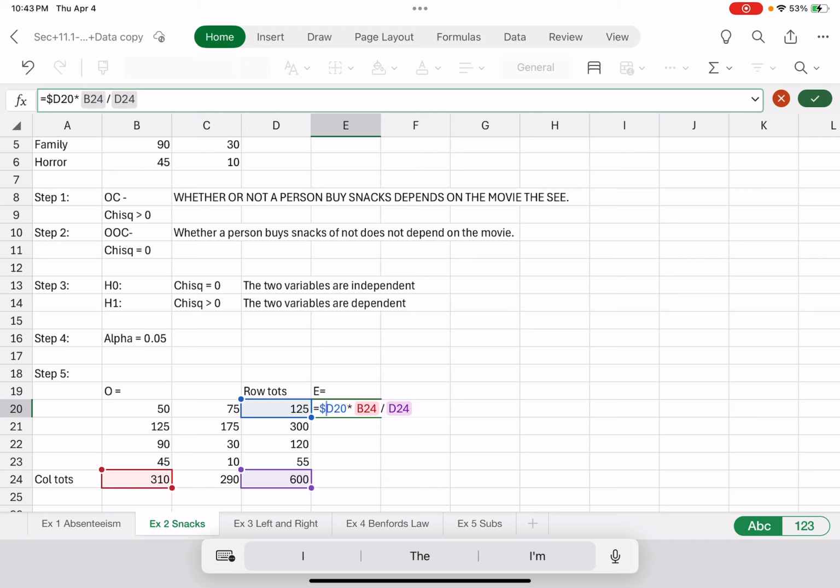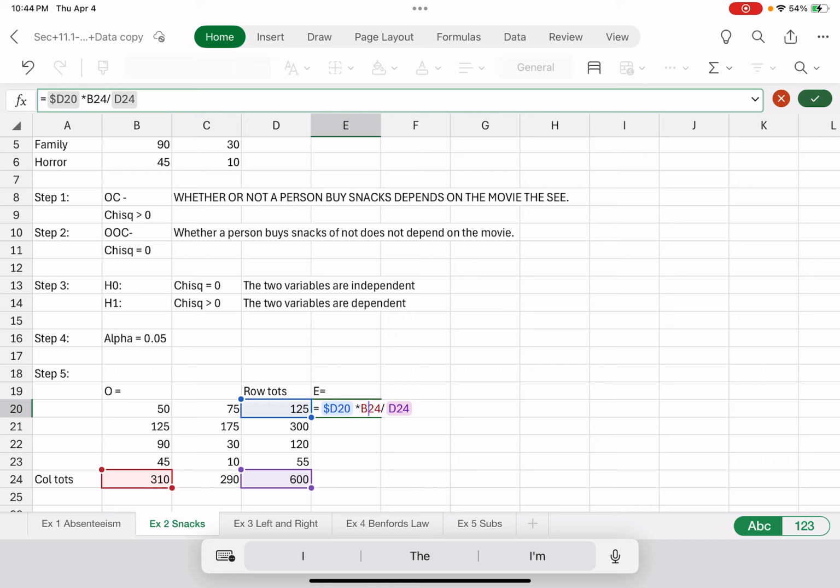So I'm going to put a dollar sign in front of that letter D so that the letter does not change. Wait a minute, hold on. If the column changes, I don't want the column to change. So I'm going to go D, just as I thought. I kind of second guessed myself.